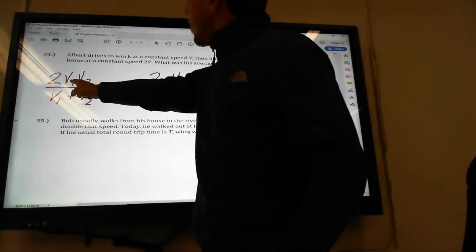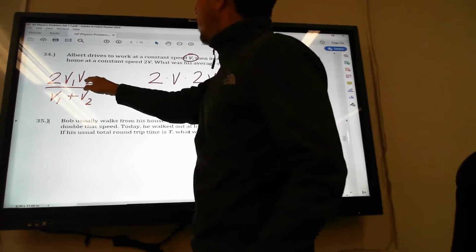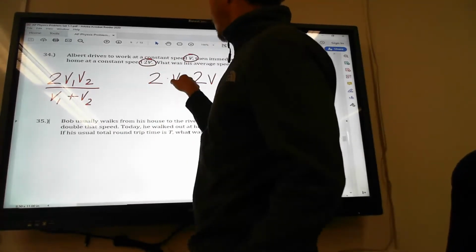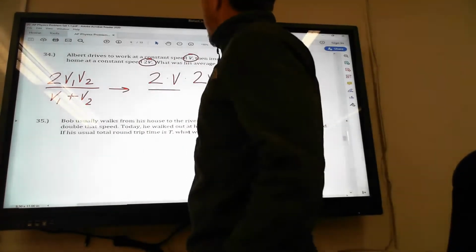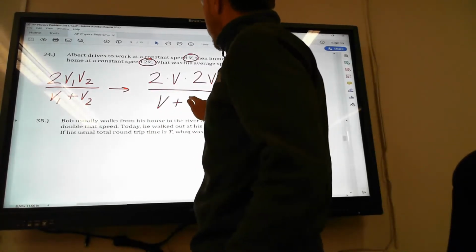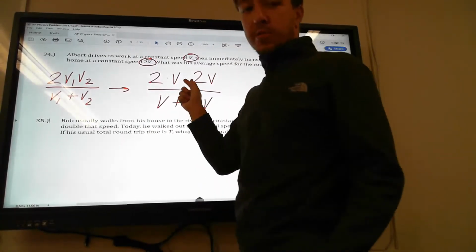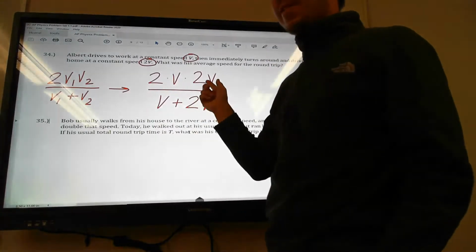So replacing V1 with this expression, and V2 with this expression, gets us this. And then on the bottom we'd have V plus 2V, which reminds me of one of my favorite theorems.